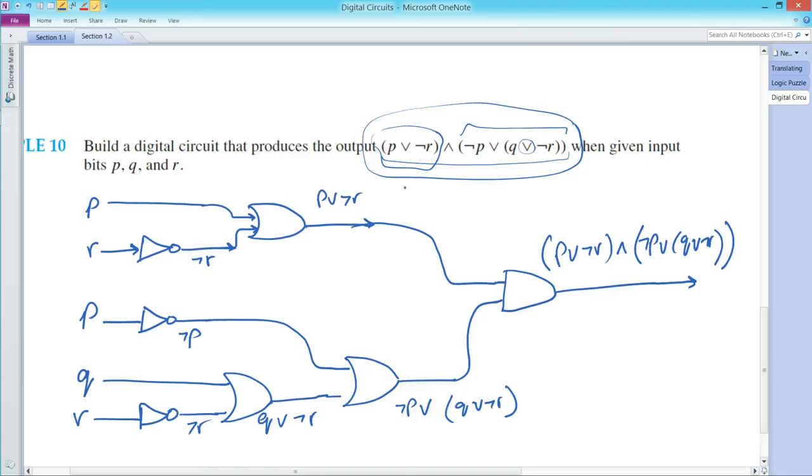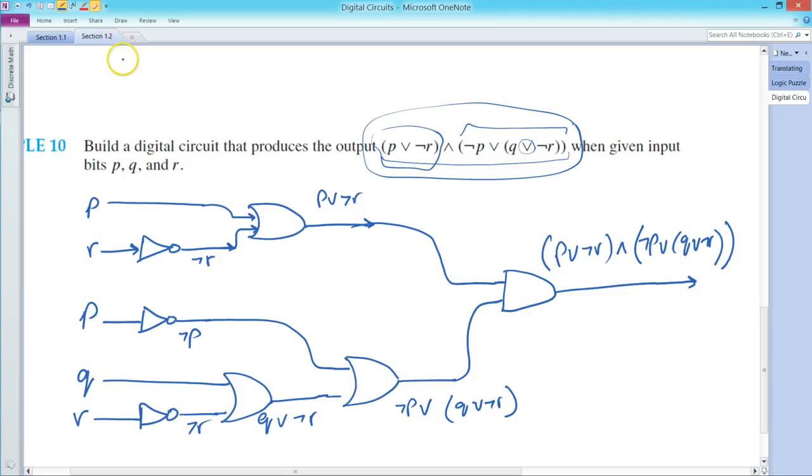And I'm using this propositional statement. So with this, we finish the coverage of section 1.2. I really advise you to go and do the exercises in section 1.2. The exercises are very straightforward and simple.